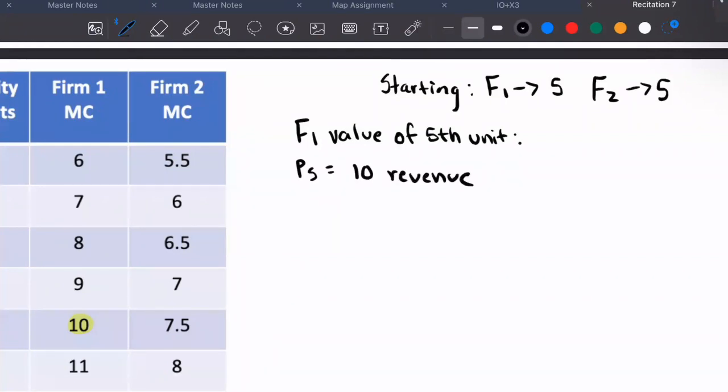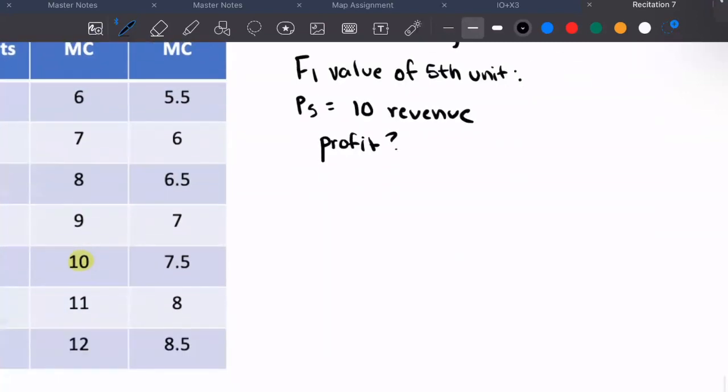But in order to figure out the value of a unit for a firm, we want to figure out the profit that each unit brings. So how do we do that? Well, we know that profit is equal to revenues minus costs.